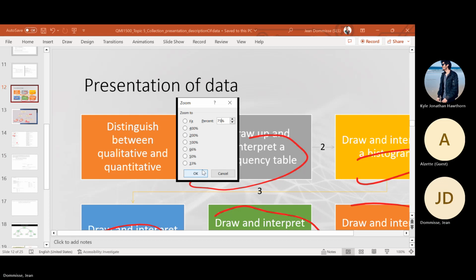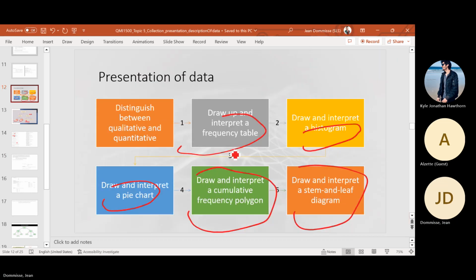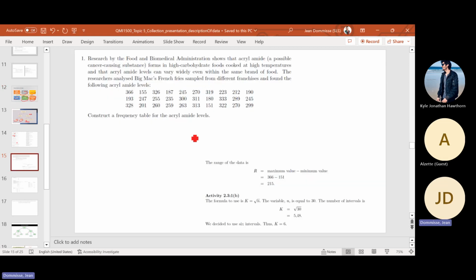So look at frequency table, look at the histogram, look at the pie chart, look at cumulative frequency, polygon, stem and leaf, and please try for all of this data set, nearly all those kinds of graphs.